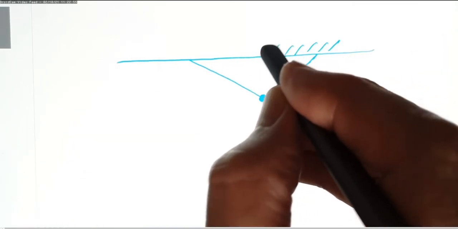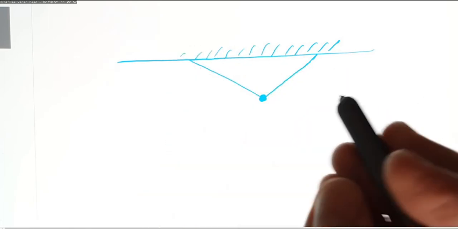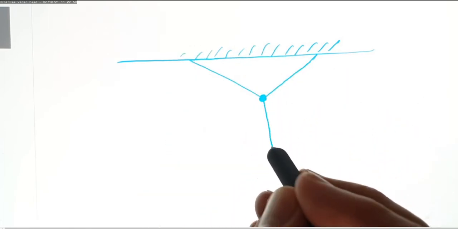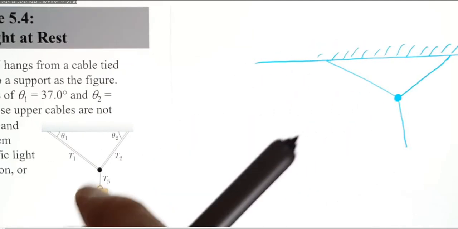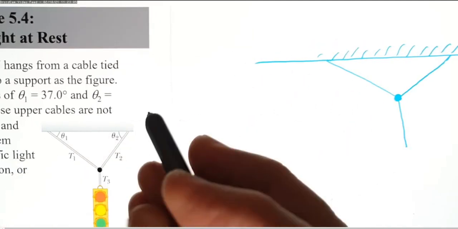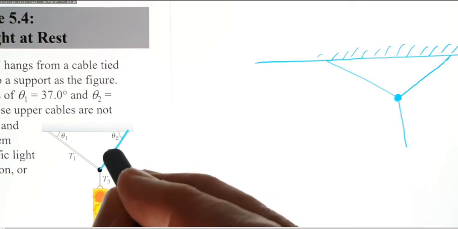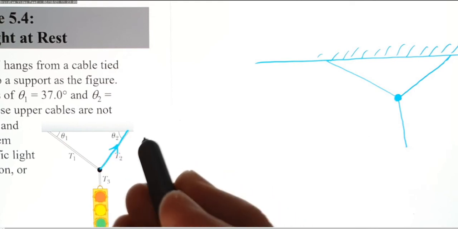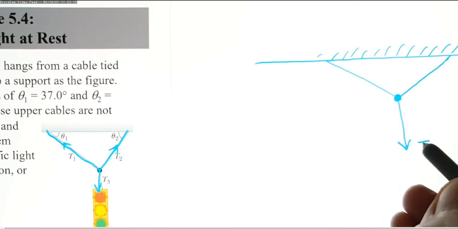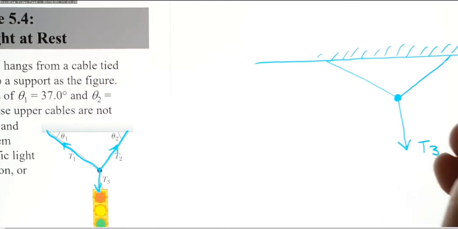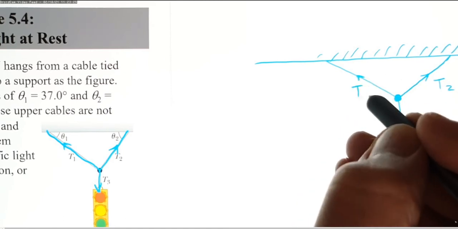It is hanged like this. And then we have another wire, as you can see. So draw it like this. So this is T3, this is T2, and this is T1.